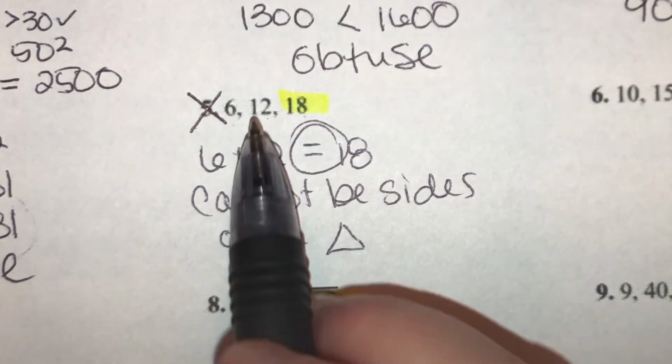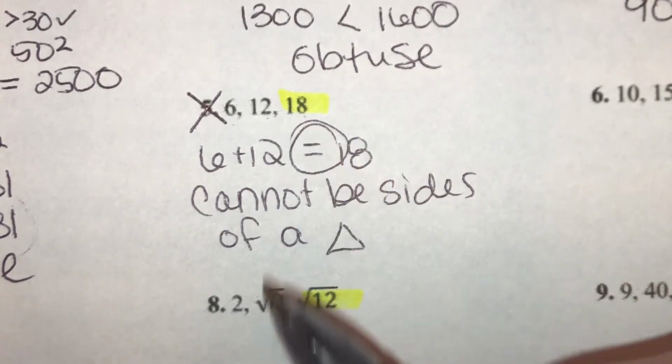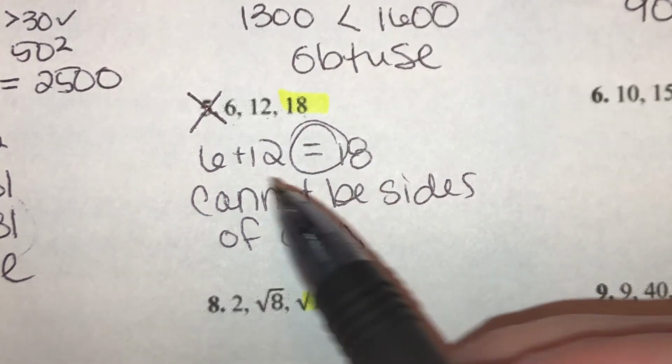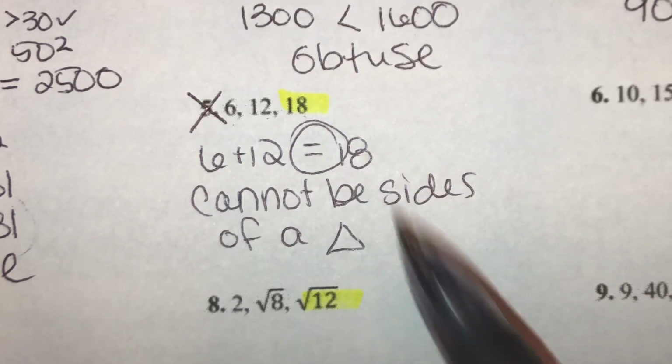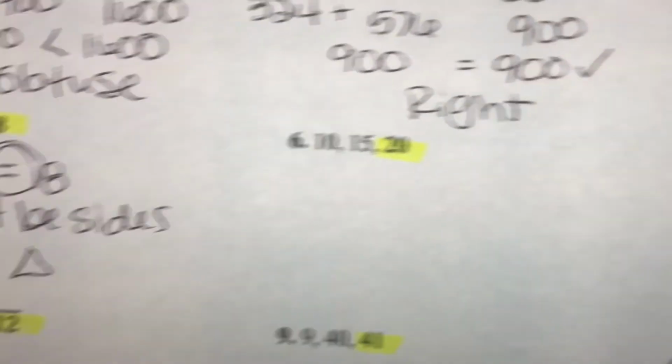Remember, when you add two legs together, they always have to equal something bigger than the third leg. And in this case, that's not true. It's actually equal to the third leg. So this can't be sides of a triangle. So we don't have to go any further.